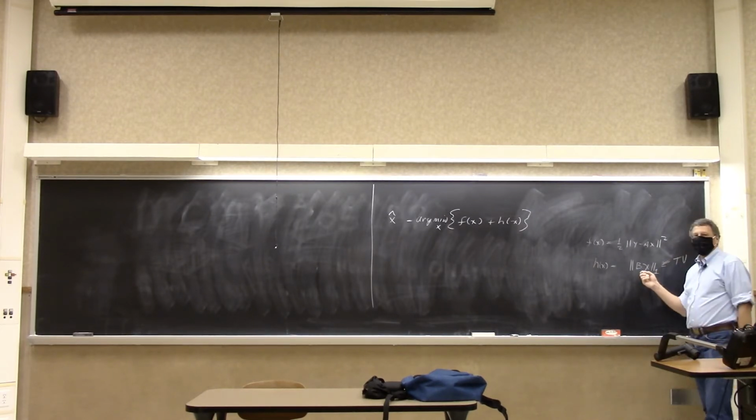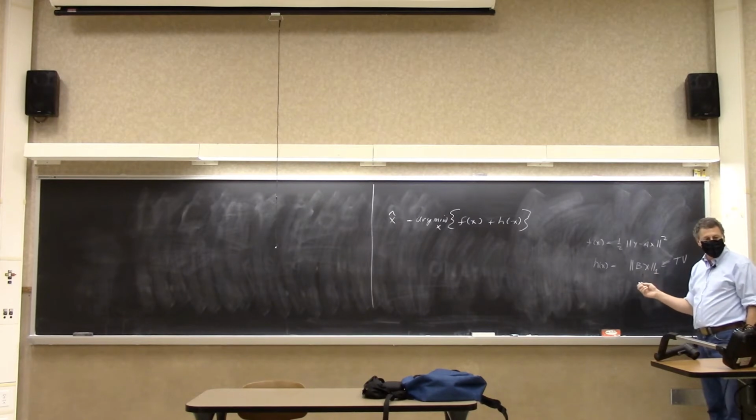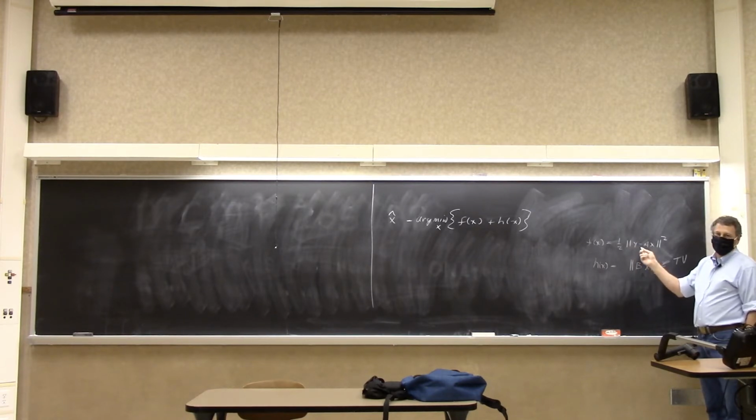You say, well, this doesn't look like TV, because this matrix here could be a matrix that just takes pairwise differences between adjacent pixels. And then the L1 norm, everybody knows what an L1 norm is, right? It just sums the absolute value. So this would be like the sum of the absolute value of the differences between adjacent pixels, okay? So this is convex, this is convex, and if A is full rank, then this is going to be strictly convex.